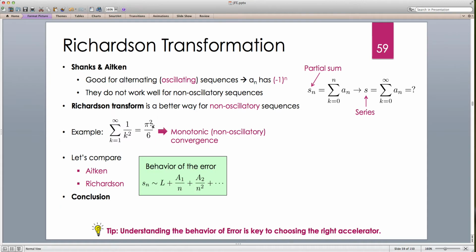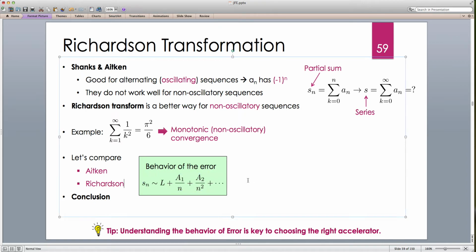And the good thing is that we already know the exact value for the series, which is pi squared over 6. This is a very famous series, okay? And the behavior of the error is the limit plus a1 over n plus a2 over n squared, etc. And all these a1, a2 are most likely positive. A1 is definitely positive, right?